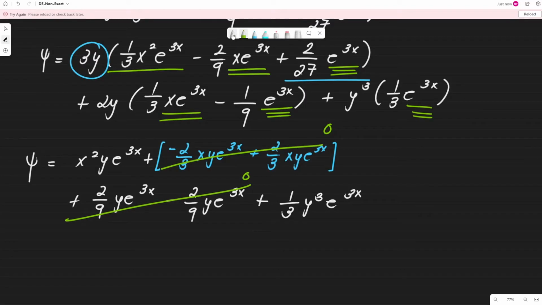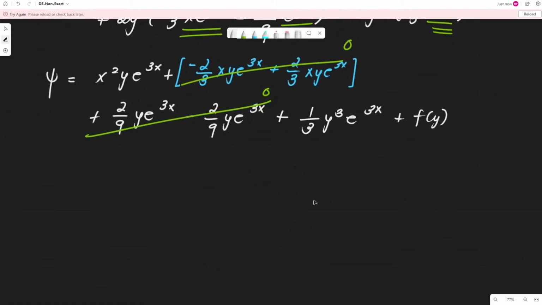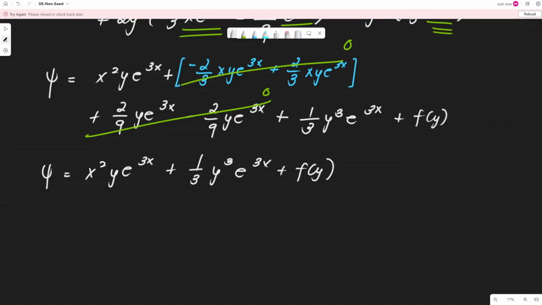So there, we have of course our plus f of y, from the integral of psi of x dx. So our psi can be simplified to, it's a bit long, x squared y e raised to 3x plus 1/3 y cubed e raised to 3x plus f of y. This is our psi.